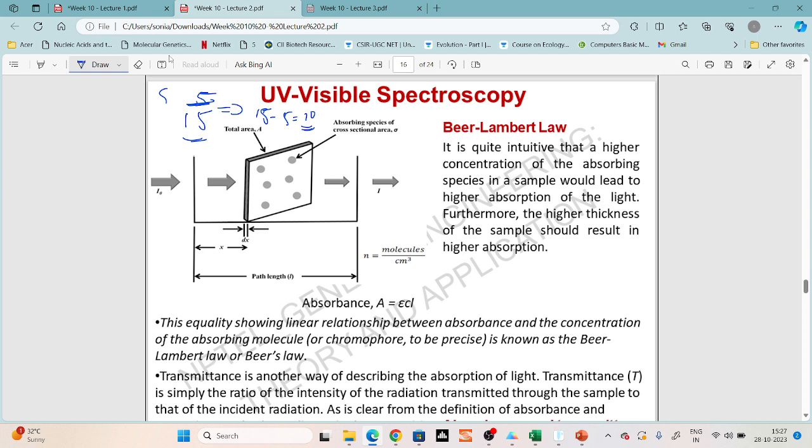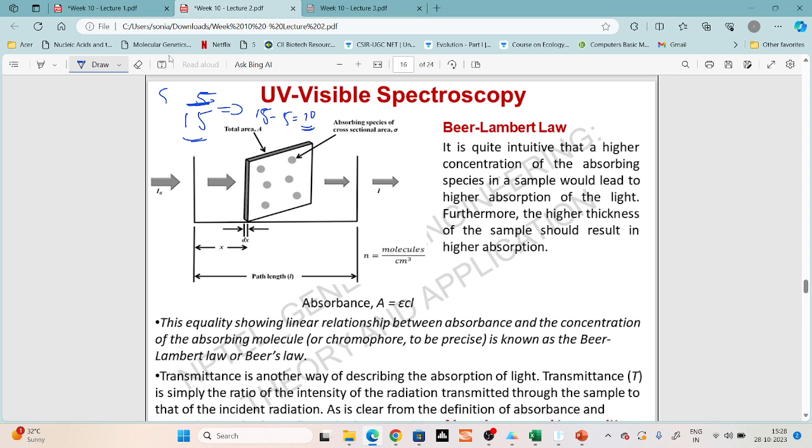So from the spectroscopy what you are getting is the absorbance. But how can this absorbance be related to the concentration? Our objective is to find how much sample is present, what is the concentration of the sample, we are not concerned about the absorbance. So then the Beer-Lambert law came into the picture, and it told us that absorbance is directly proportional to concentration. That means if your sample is very concentrated with your product of interest, it will give a high absorbance reading. If your sample is less concentrated with your protein of interest, it will give low absorbance.